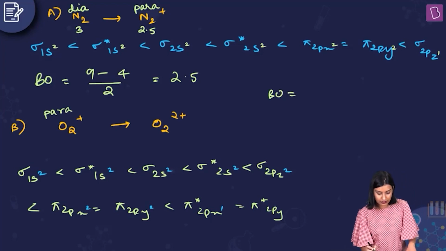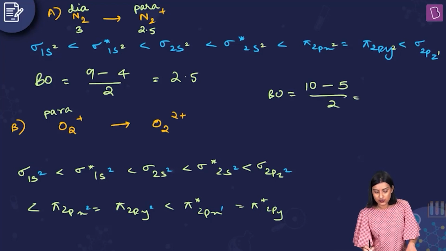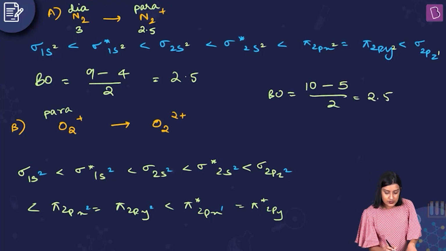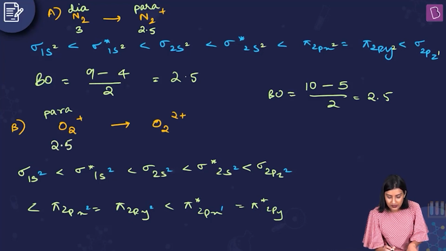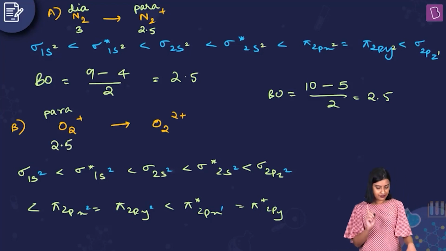Bond order is going to be number of electrons in the bonding molecular orbitals, that is 2, 4, 6, 8, 10, so you have 10, minus number of electrons in the anti-bonding molecular orbitals, that is 5, divided by 2. So this is 2.5. So in O2 plus, your bond order is 2.5. Great. Now let's talk about O2 2 plus.